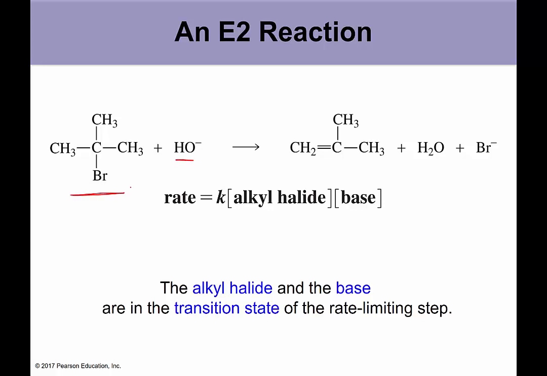The way they envision the mechanism taking place then is in the rate determining step, the OH attacks one of the beta hydrogens. Now you'll notice in this compound there's three different sets of beta hydrogens. There's these, and these, and they're all chemically equivalent, so you can only end up with one structure. If you remove this hydrogen, the double bond's here, but in essence, that's the same molecule. It just turned in a different orientation.